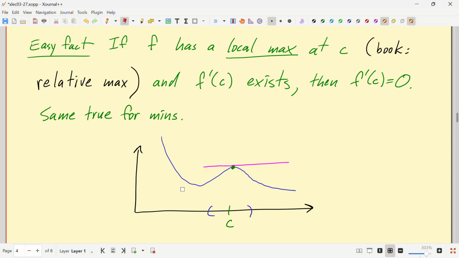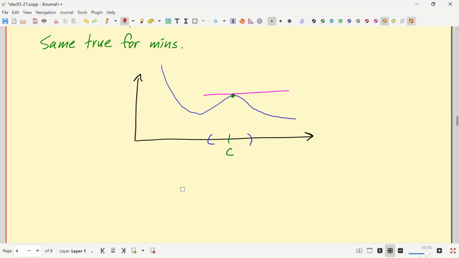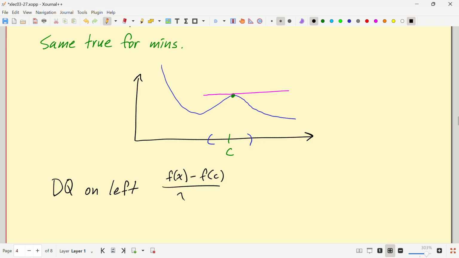Okay, and then if you look at that, look at the difference quotient on the left, f of x minus f of c over x minus c. f of c is the biggest thing, and so f of x minus f of c is negative.